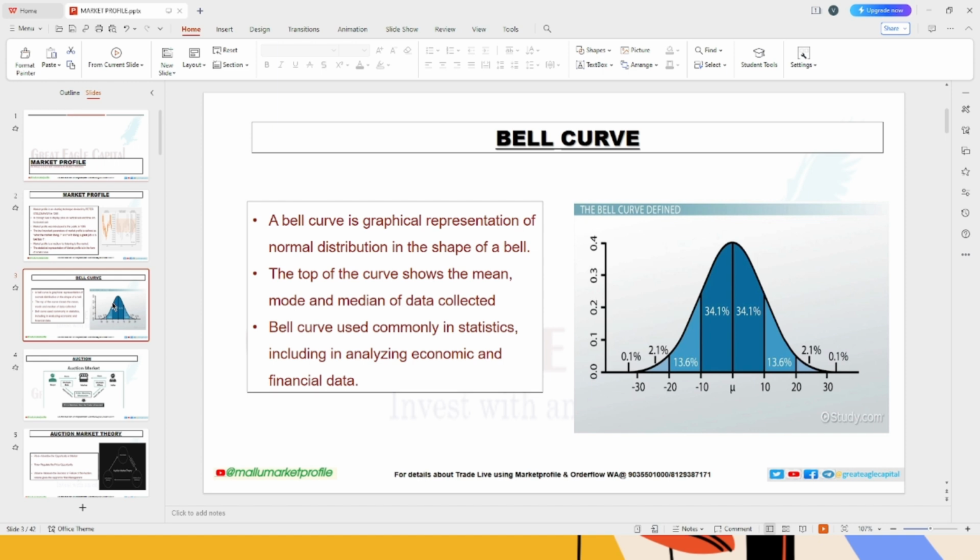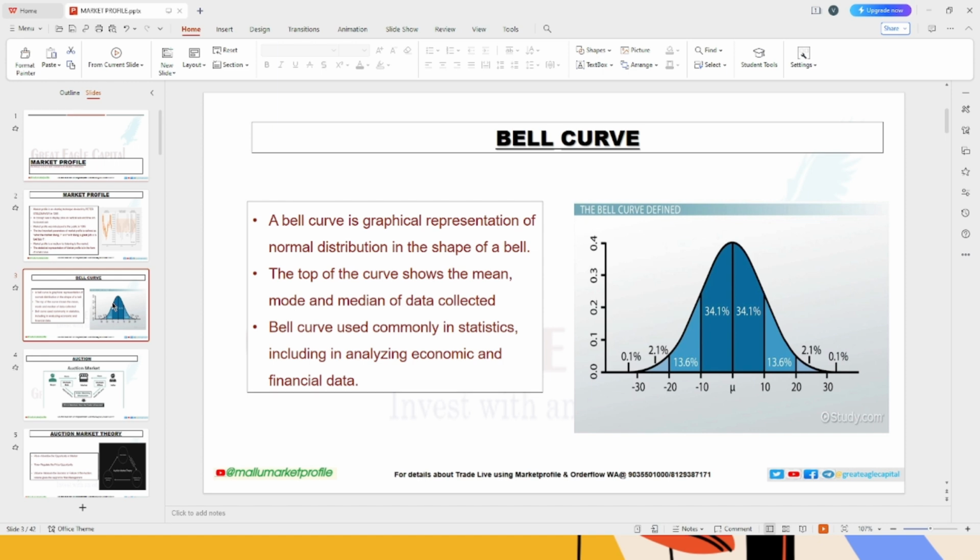When you see the top of the bell, it means the highest activity is happening. The lowest left and right sides mean lesser activity. The bell curve is commonly used in statistics, including analyzing economic and financial data.